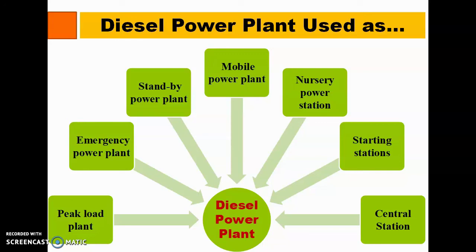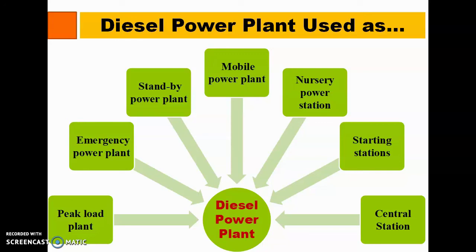Then starting station means sometimes large stations like a hydropower plant and thermal power plant cannot be started easily. So to start this plant, the diesel plant is used as a starting station. Then it can be used as a central station.